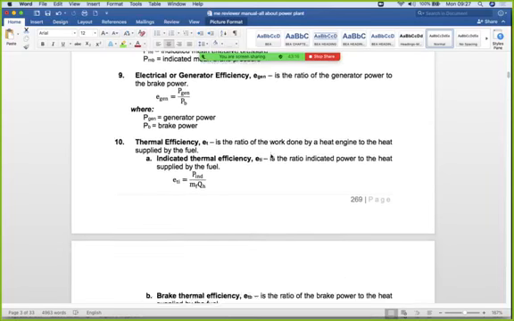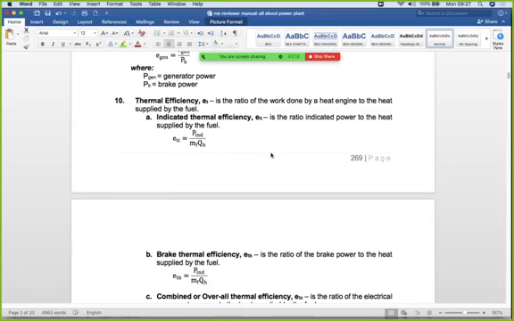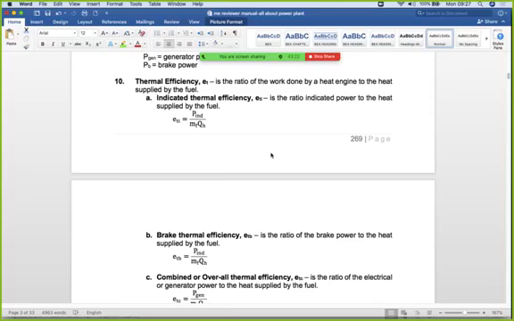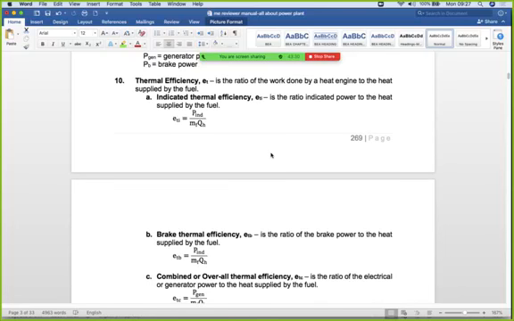We go to thermal efficiency. So again, we discussed last time in the internal combustion engine, we have the indicated thermal efficiency is equal to the output over input. Again, the input is the fuel with the heating value and the output is the indicated power.